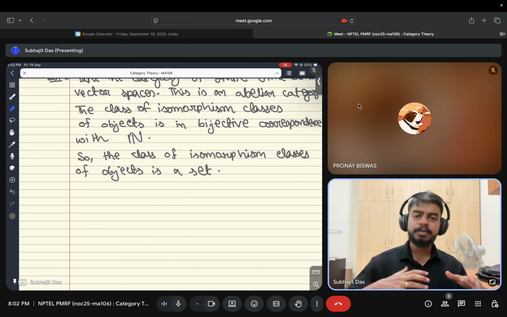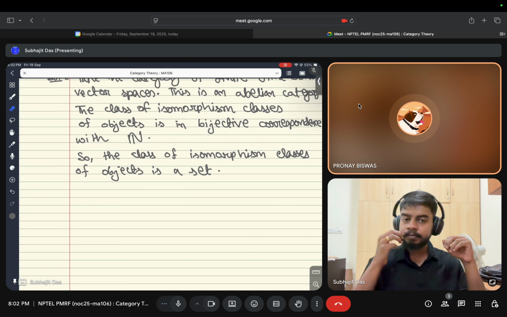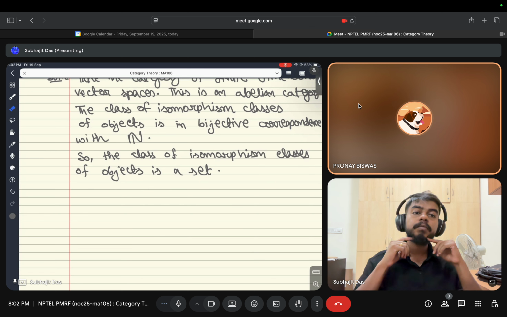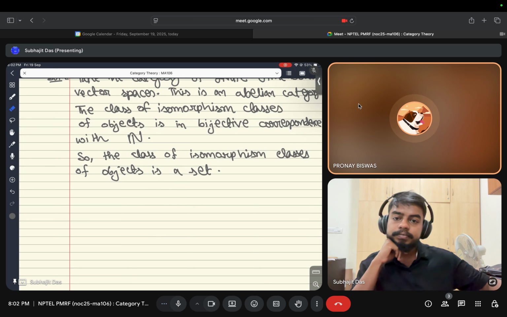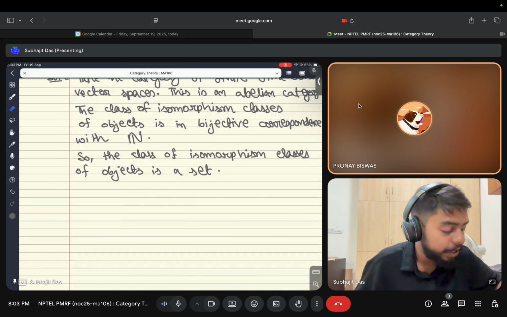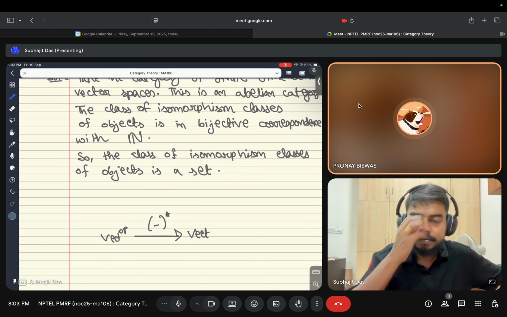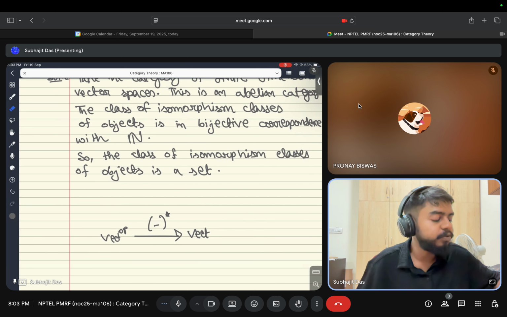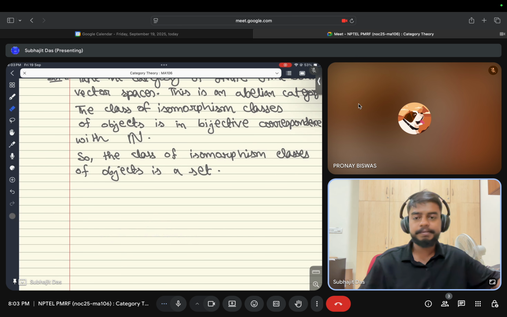But my point is that if you think of this isomorphism intuitively, the dual functor is a functor from Vect op to Vect, and identity is a functor from Vect to Vect.